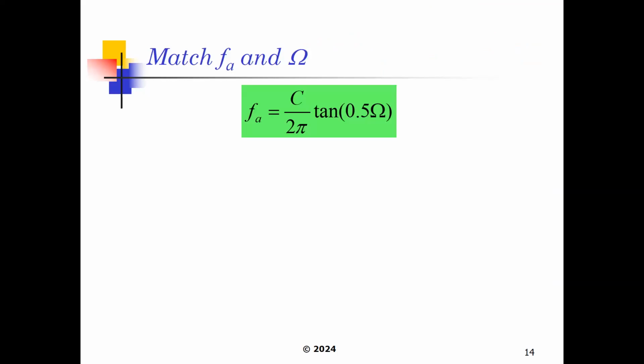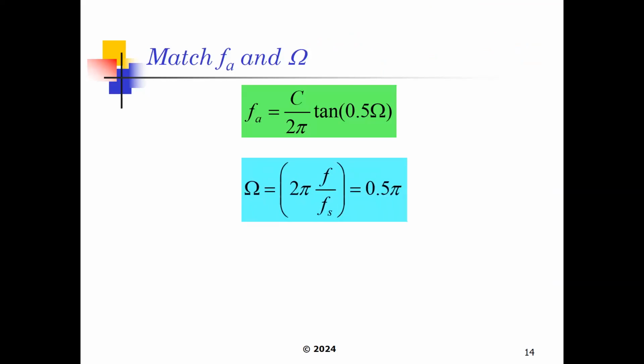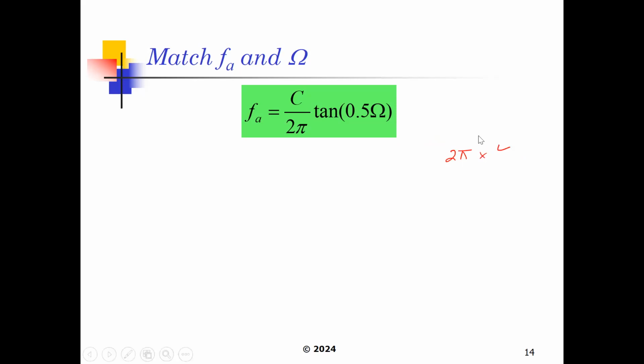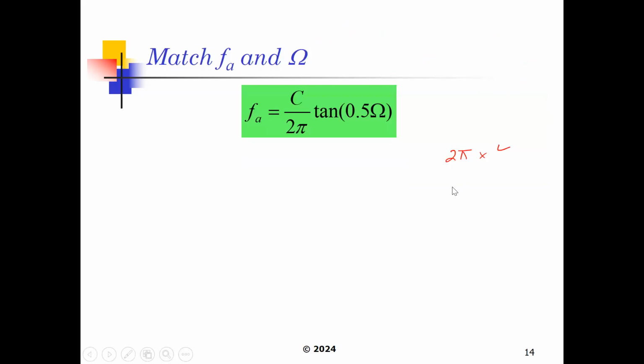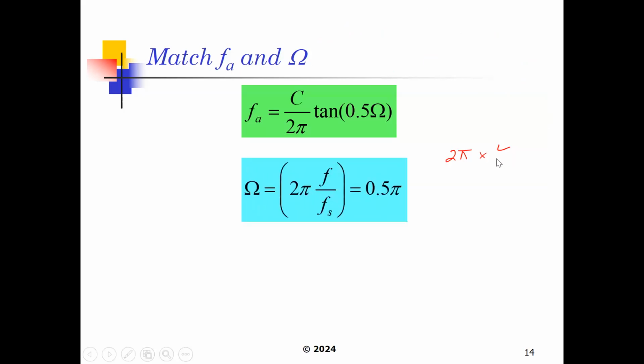Step two now, we have to match F and omega. So you calculate omega. Omega is 2 pi F over Fs, right? Which is, in this case, 2 pi, and F here is, sorry, 3 kilohertz, over 12 kilohertz, right?